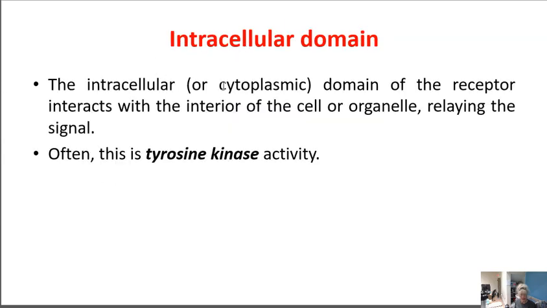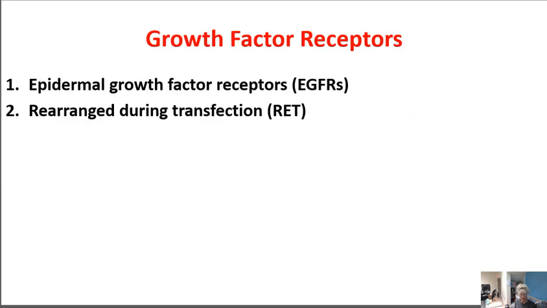The intracellular domain is the cytoplasm of the cell, and this is where the receptor interacts with the interior of the cell or organelle, relaying the signal. A lot of this is done with tyrosine kinase, which is a phosphorylating protein. And we'll see throughout biology that phosphorylation has a lot to do with turning off and turning on different mechanisms in the body.